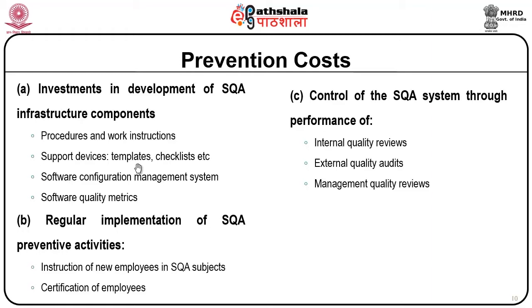Appropriate instructions have to be given to new employees in software quality assurance subjects. If necessary, certification of employees must be obtained. Next, control of the software quality assurance system through performance. The major three things which are considered here are internal quality reviews, external quality audits, and management quality reviews.